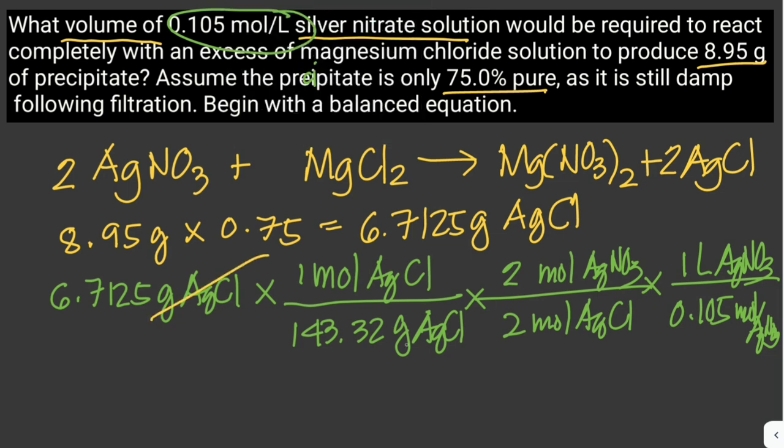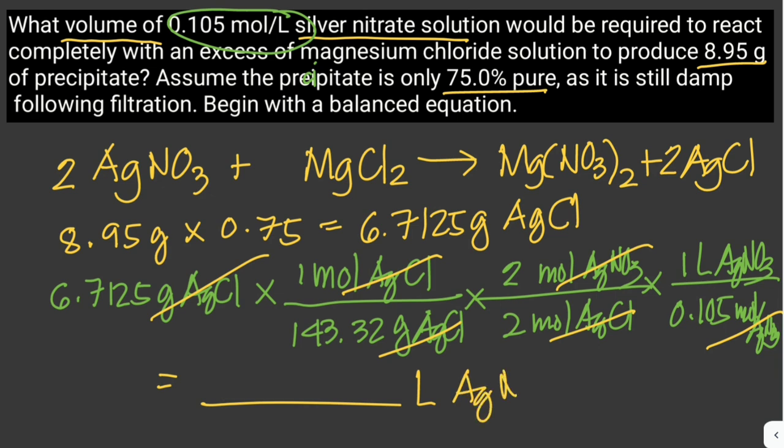Grams AgCl cancel out, then moles AgCl, then moles AgNO3. Then we are left with liter silver nitrate.